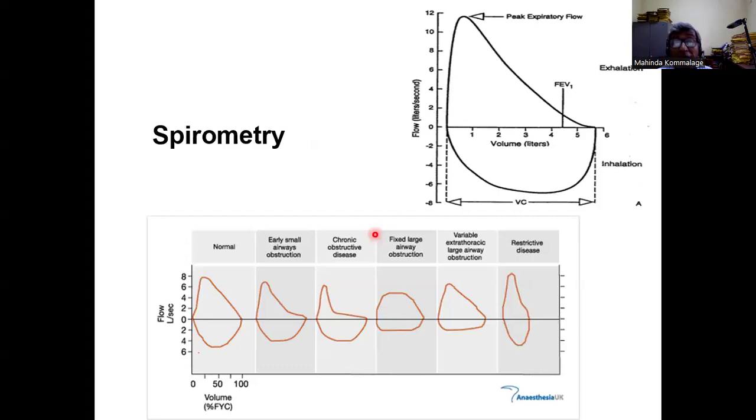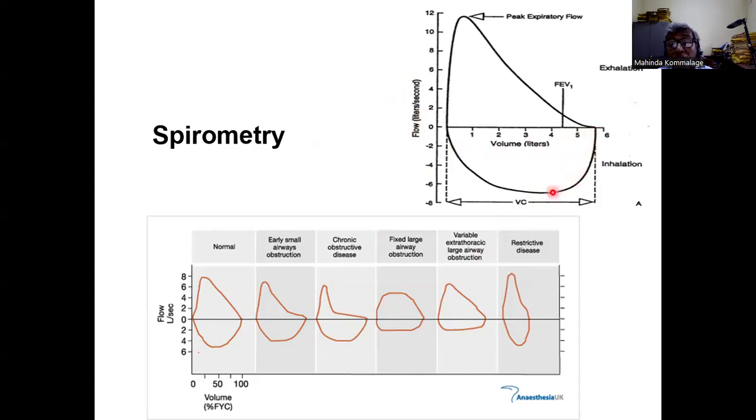Right. So this is the diagram that I drew earlier. Actually, this axis is volume. Of course, we can also consider it as time. This axis is volume and this axis is the flow rate, right? And you can see this is inspiration.